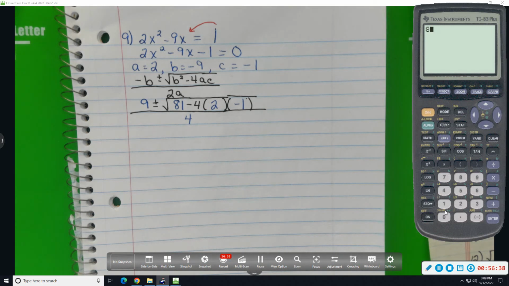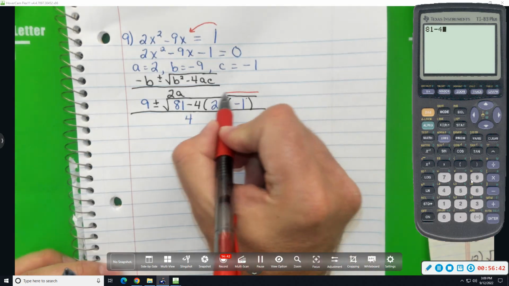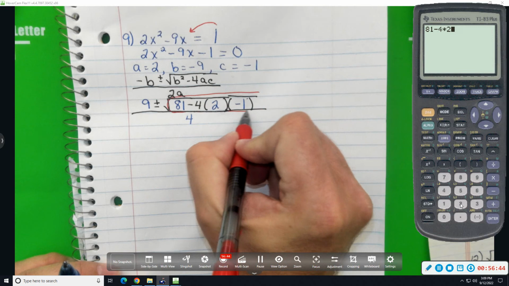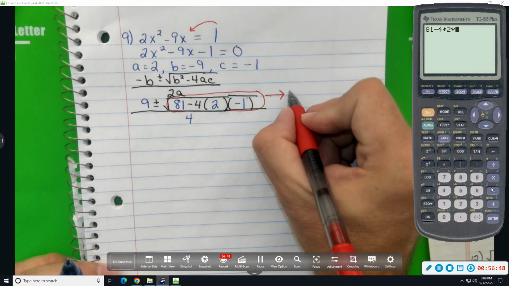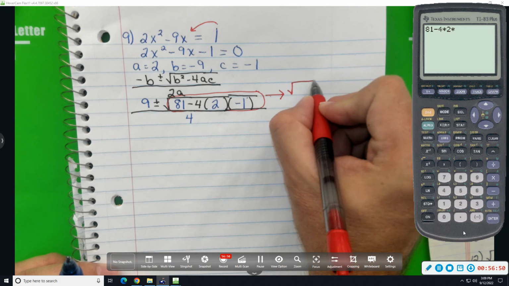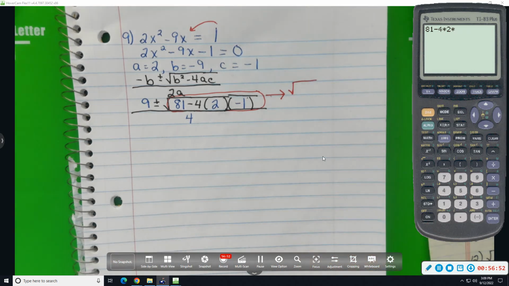Working under the radical, you have 81 minus 4 times 2 times, I think I may have warned you all of this already, but it's a good time to remind you again, we want a negative 1. Is this the symbol I use?